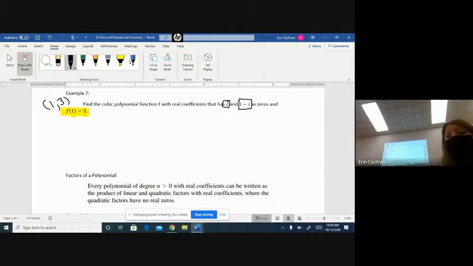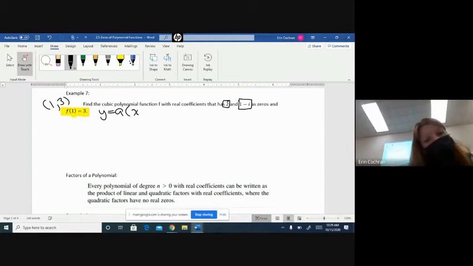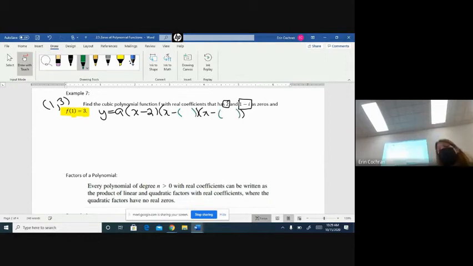Okay. All right, so my real root, let's go ahead. First, I'm going to put y equals A. If my real root is 2, what would go in the parentheses? X minus 2. Good. All right, now for my imaginary roots, we're always going to put x minus, but now we have to put in our conjugate here. The actual imaginary and its conjugate.